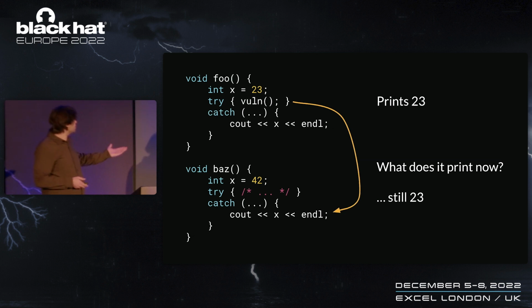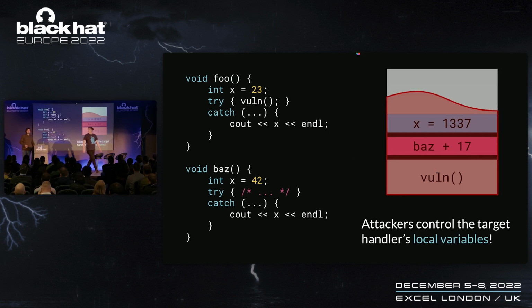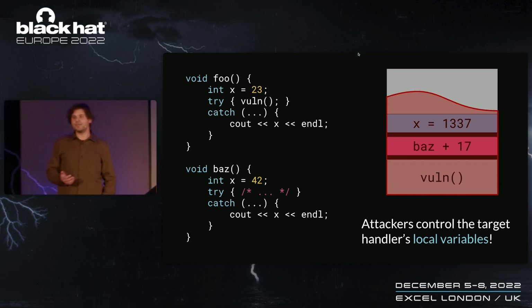Because even though we changed the handler, we're still operating on the caller stack, which is function foo. So in other words, essentially, when you overflow the frame past the return, you can control all local variables which are used by the handler during its execution.